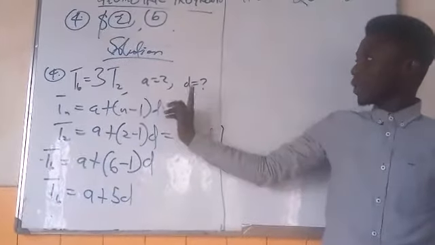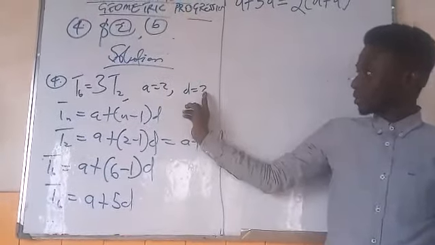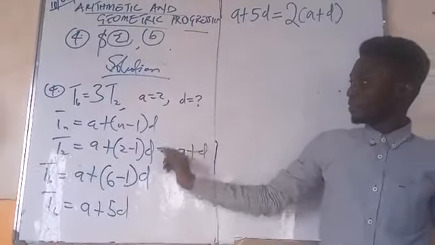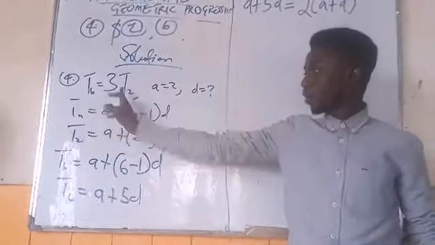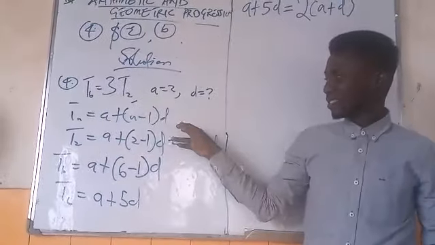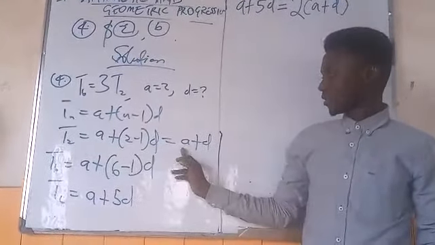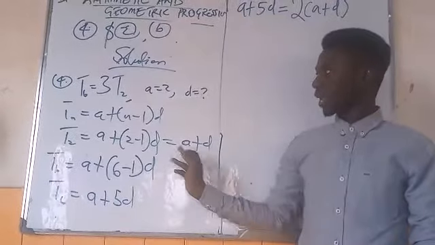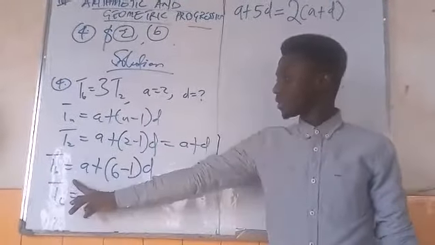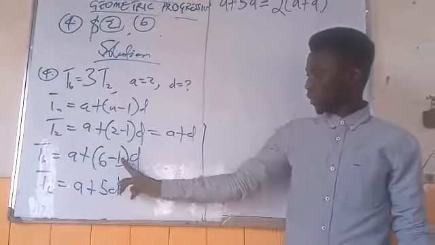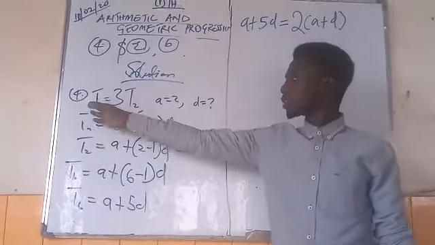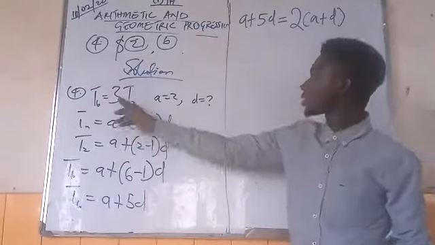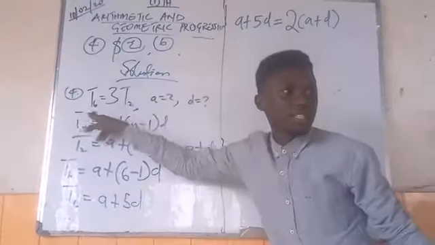A is 2 and find D. This is a question mark, please, not 5. Now, the general formula for AP is A plus into bracket n minus 1 close bracket D. And then you have this, which is your result. Likewise, your sixth term is this. A plus your 6 minus 1, then you have 5D. You go back to the question, which illustrates that this is equal to this. And what is the sixth term?